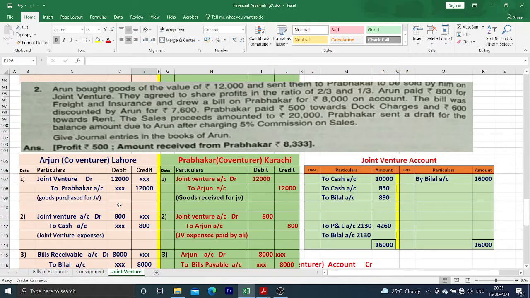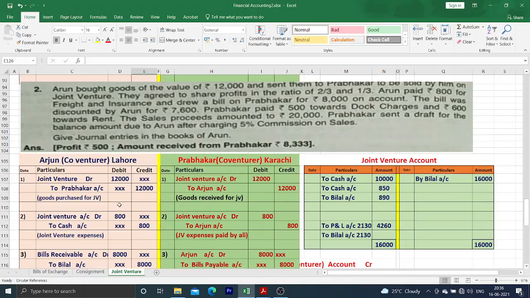And the sale proceeds amounted to rupees 20,000. Prabhakar sent a draft for the balance amount due to Arjun after charging 5% commission on sales.